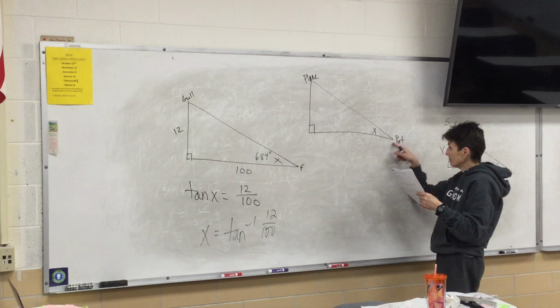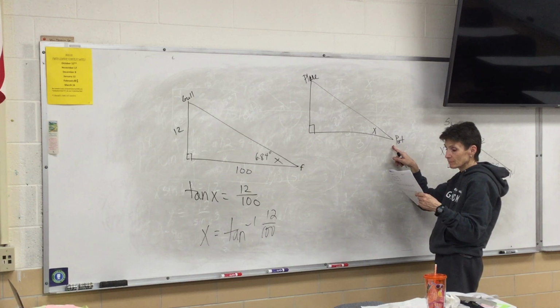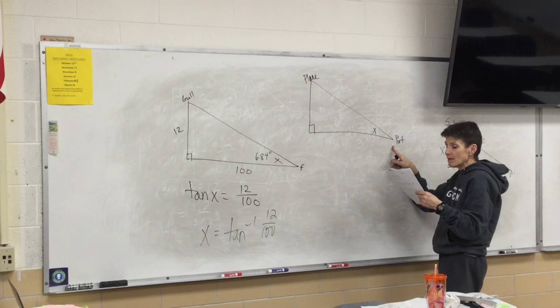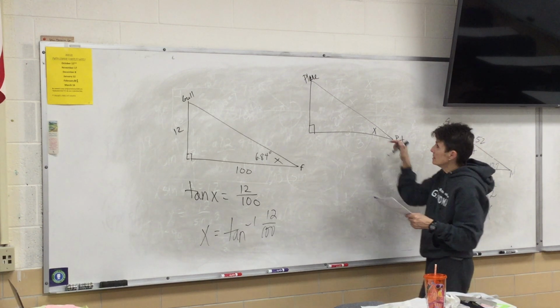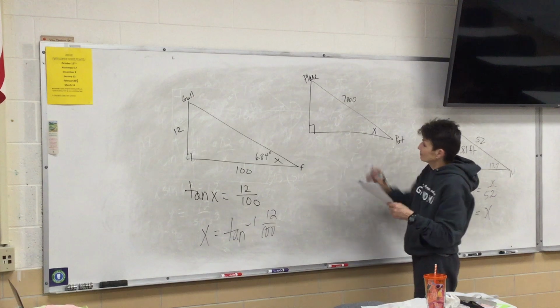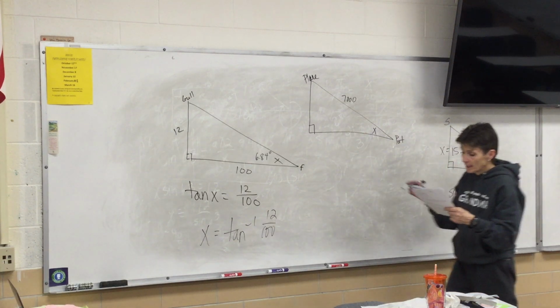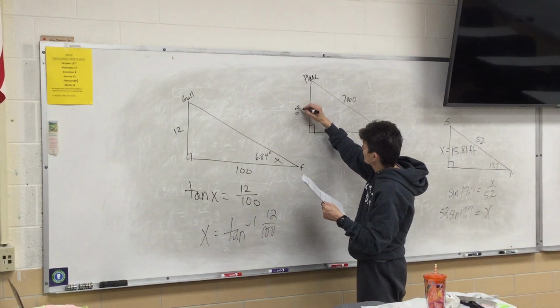The point at the airport is 7,000 feet from the plane. So this is 7,000. And the plane is 235 feet above the ground.